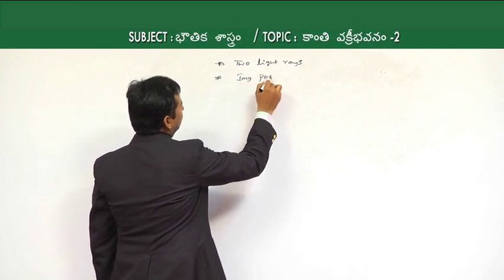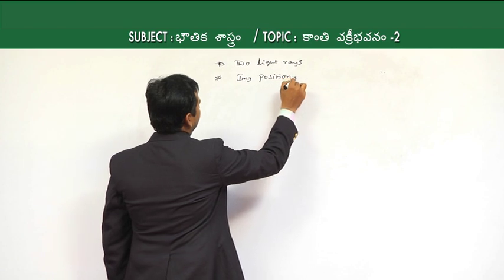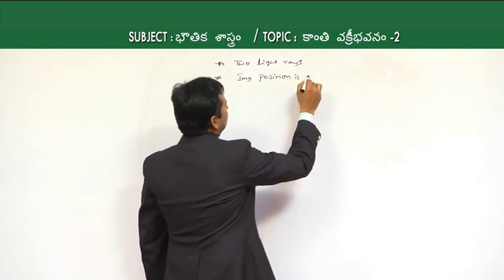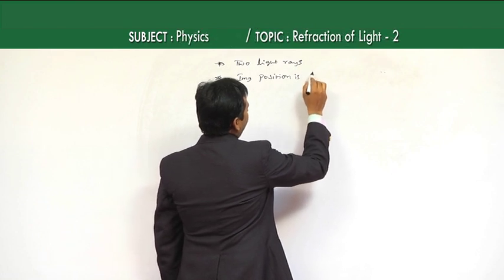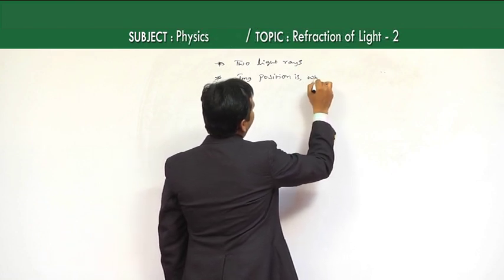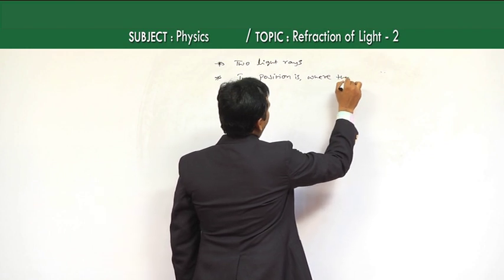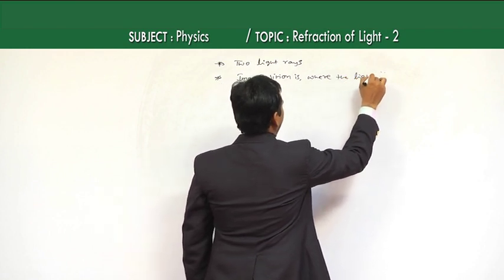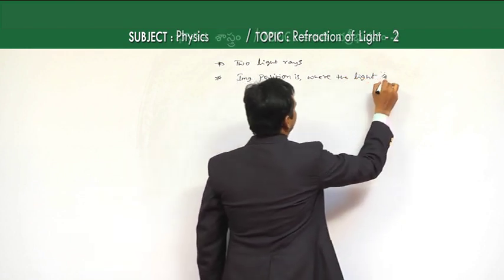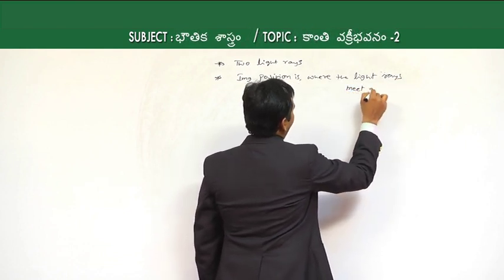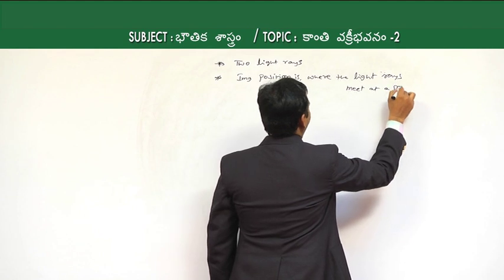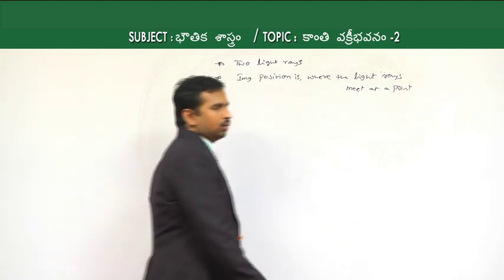Image position is nothing but where the light rays meet at a point. Okay.